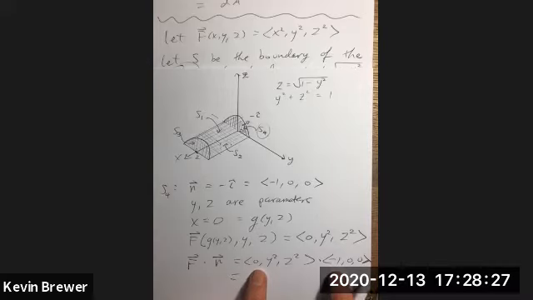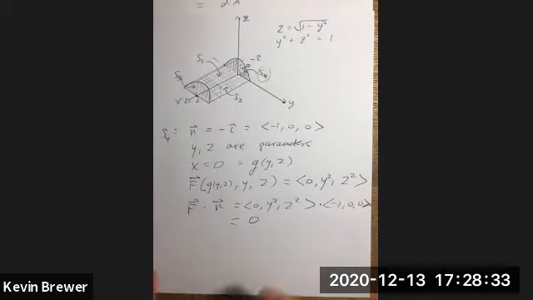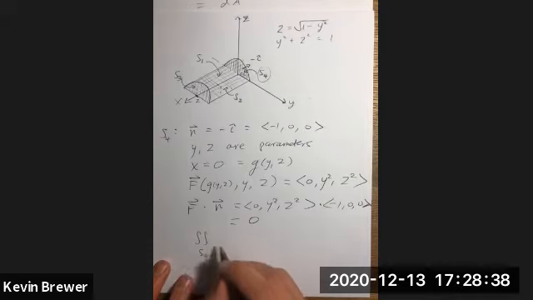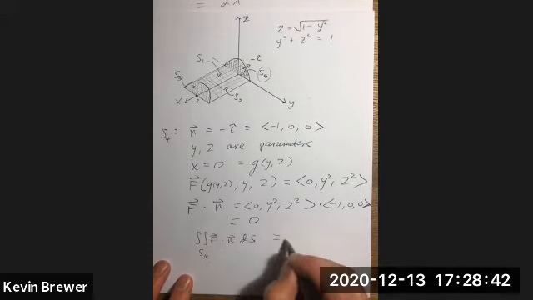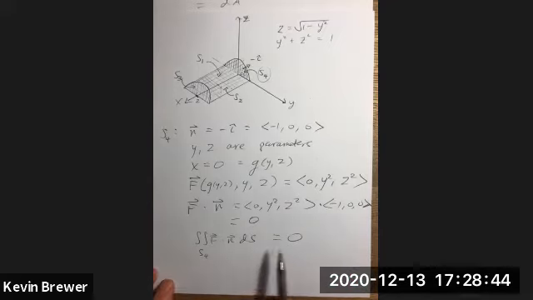This is 0, right? 0 plus 0 plus 0. So no need to be too fancy with it. Just say that the double integral for the surface S4 of F dot N dS is equal to 0. Once you get that you're integrating 0, just be done with it.